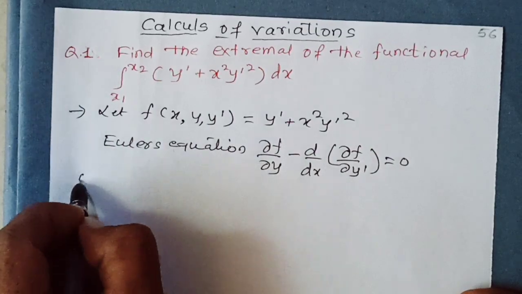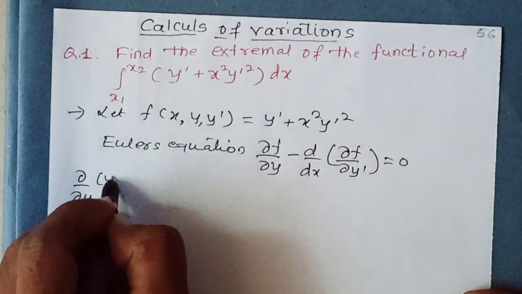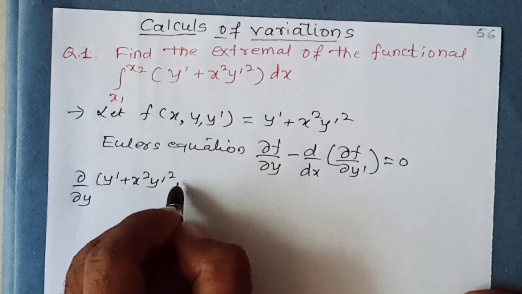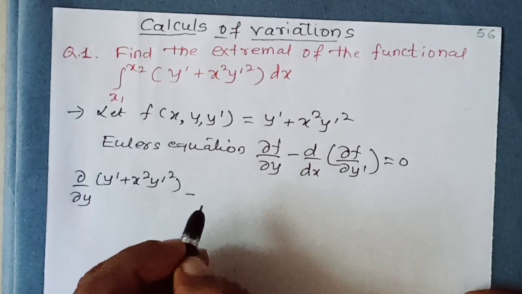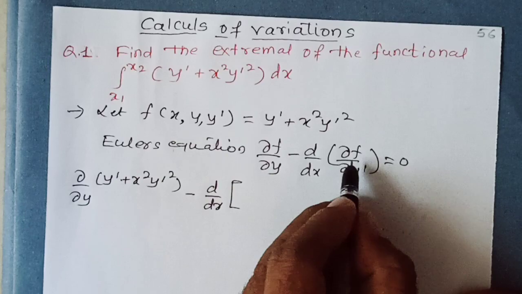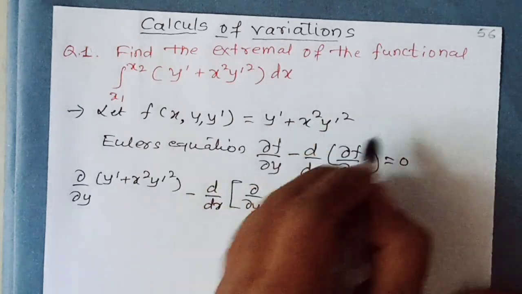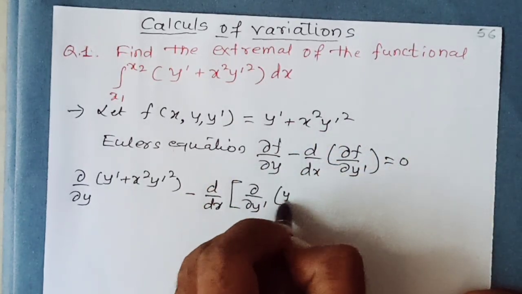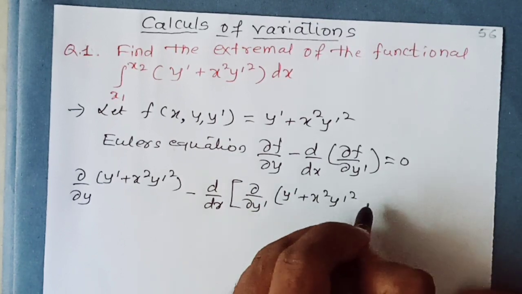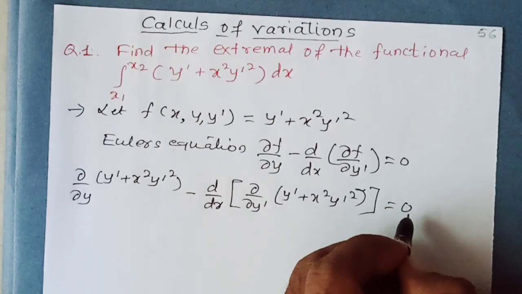That means dou by dou y of f, where f is y dash plus x square y dash square, minus d by dx of dou by dou y dash of f, where f is y dash plus x square y dash square, is equal to 0.